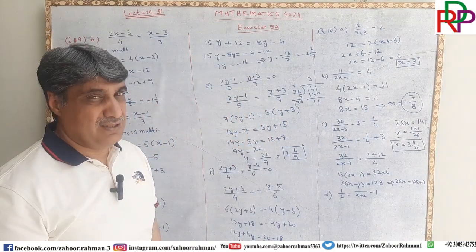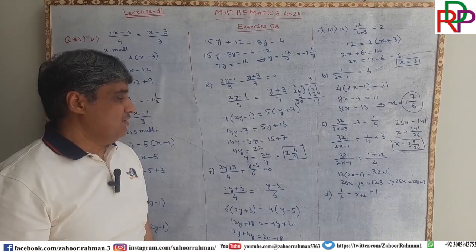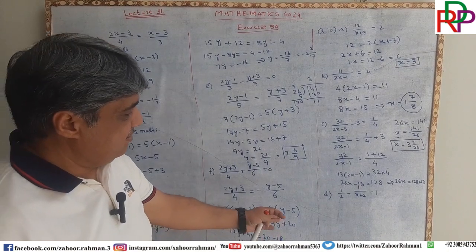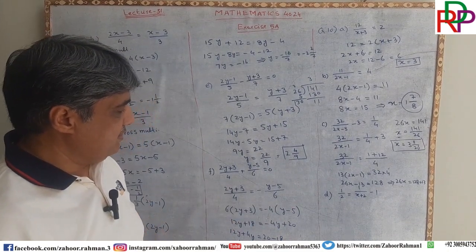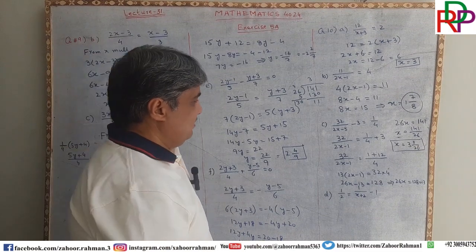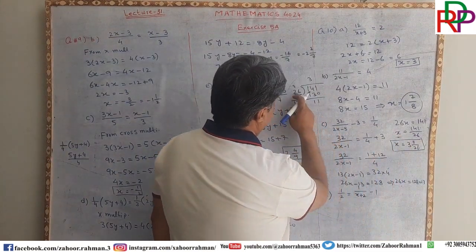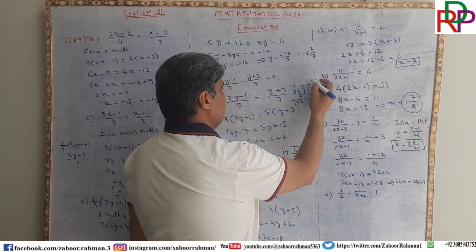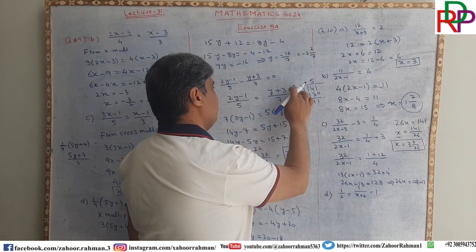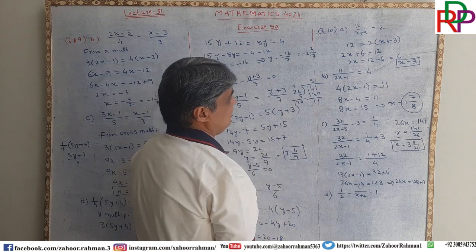Now the D is the final part on this whiteboard, but here when multiplying, it will become 5, not 3 as I wrote, it is 5.